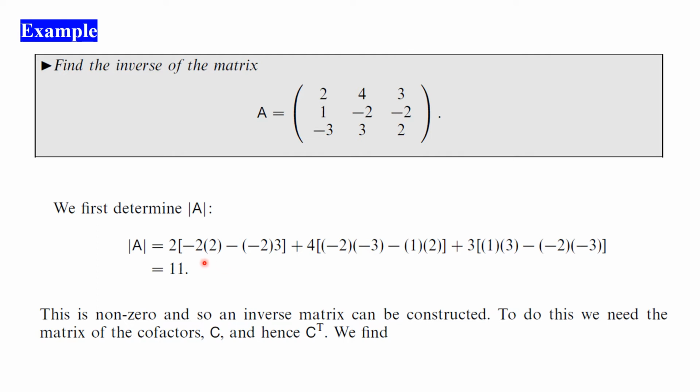If, for example, you found that the determinant of A is equal to 0, then no inverse can be constructed, because as you can see, the transpose of the cofactor matrix divided by 0 is undefined. Now, since this is non-zero, we can define an inverse of this matrix. To do this, we need the matrix of the cofactors C, and then we get the transpose of your matrix of cofactors.